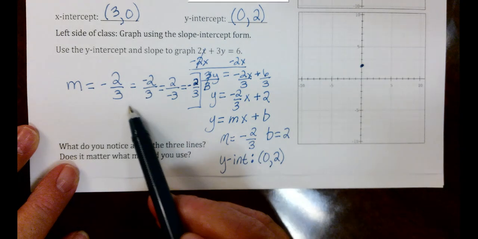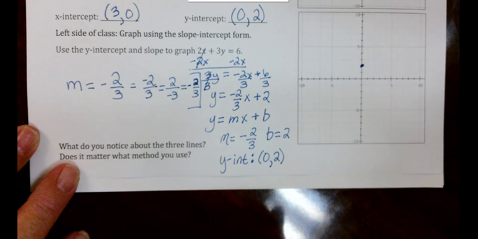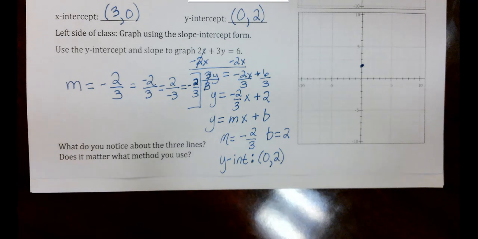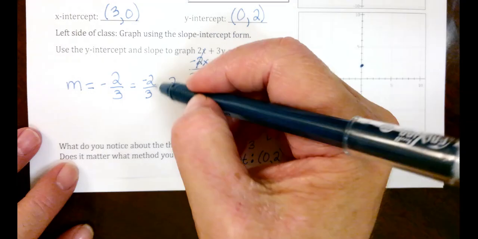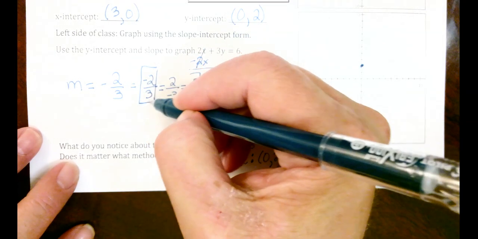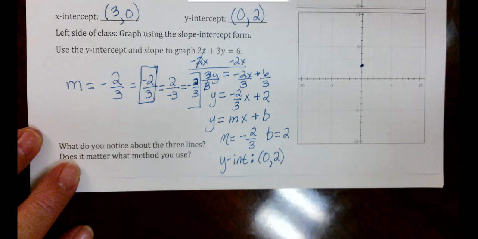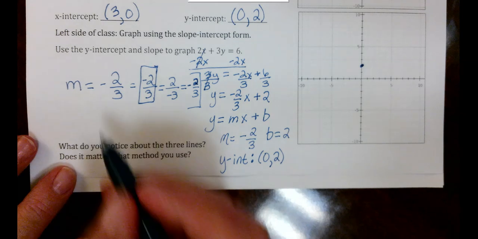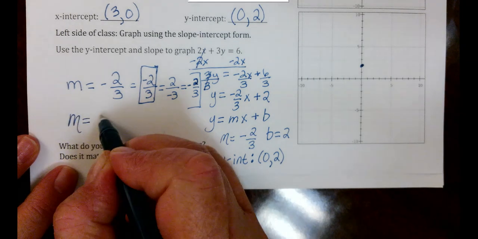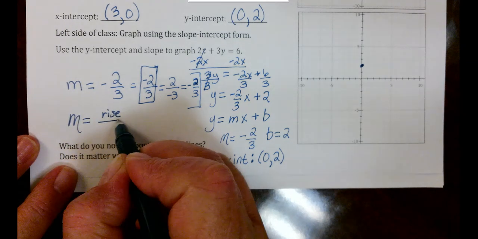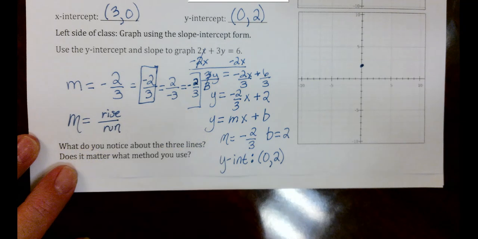Depending on how you think of this will depend on how you actually graph from here. Many times I will go with the first option here. I want that negative to be on top. So slope is rise over run.